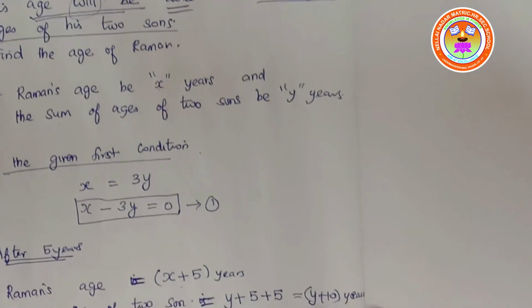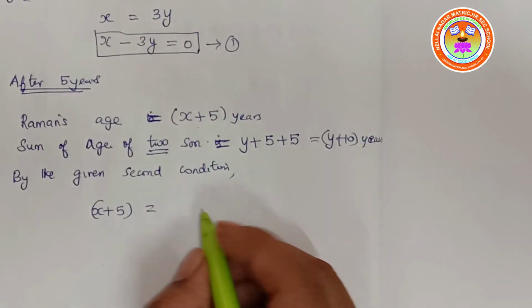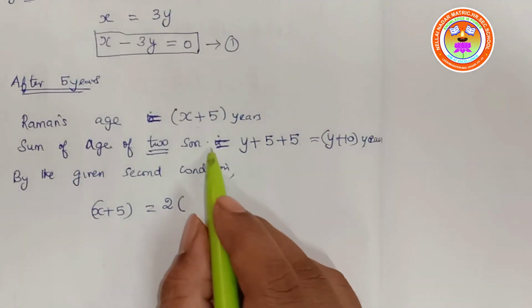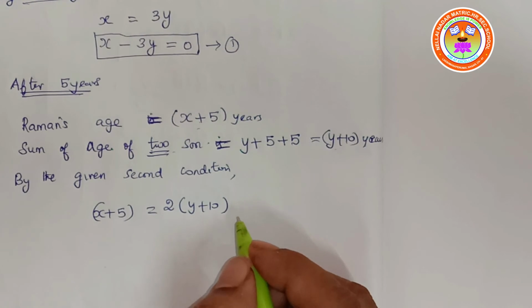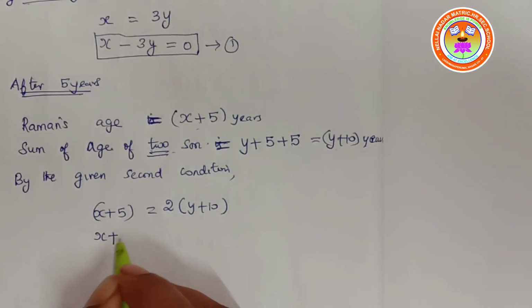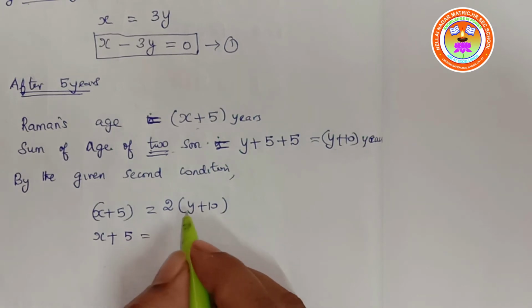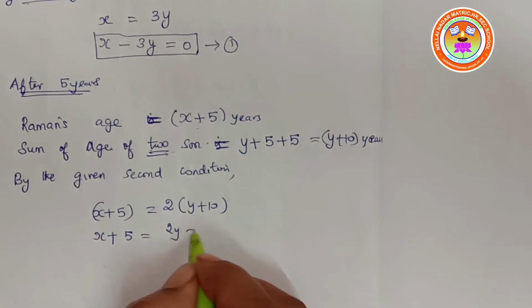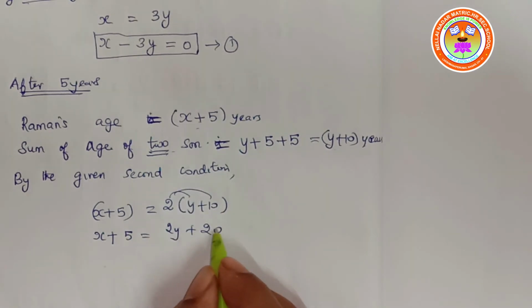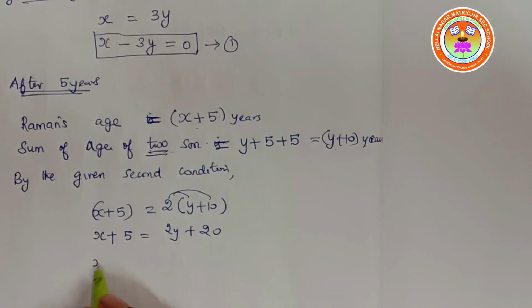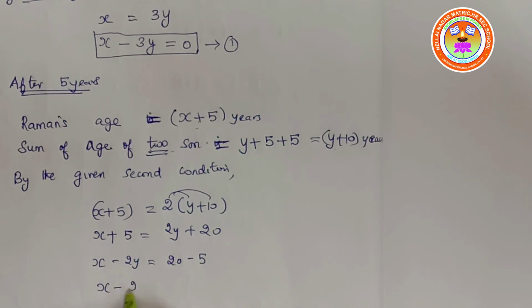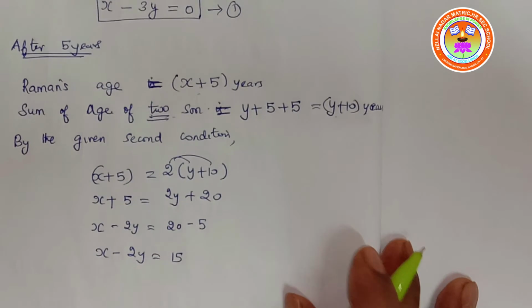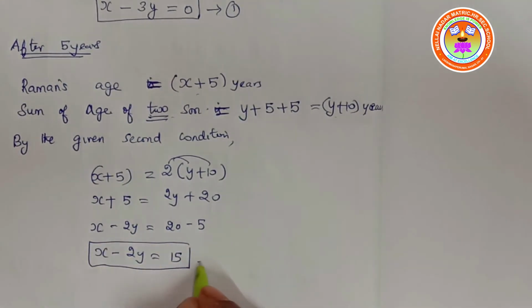So twice means 2 into the sum of the ages of two sons. After 5 years is y plus 10. It's clear, children? Now simplify. X plus 5 is equal to 2 into y, 2y plus 2 into 10, 20. It's clear, children? So x, transfer this side, minus 2y equal to 20 plus 5, transfer, that becomes minus 5. So x minus 2y equal to 15. You consider this as equation number 2.